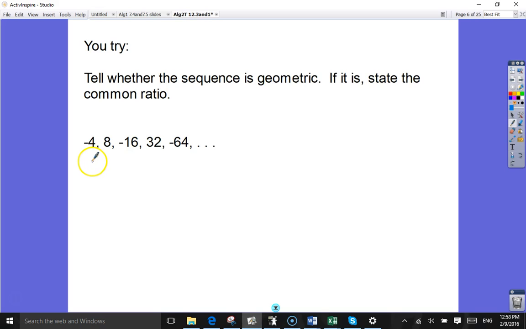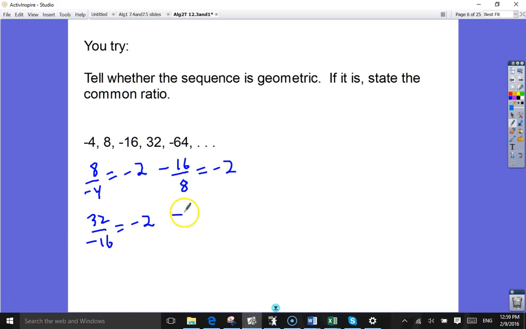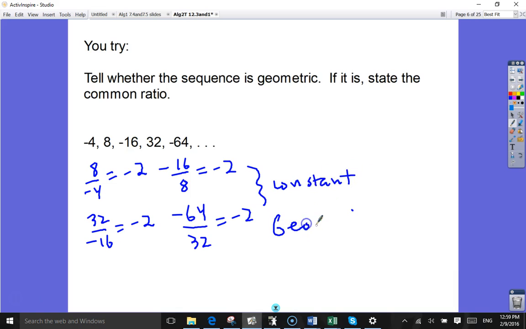It looks like 8 over negative 4 is negative 2. Negative 16 over 8, negative 2, right? I can go all the way down the line. 32 over negative 16, negative 2. Negative 64 over 32, negative 2. So they're constant. So it's geometric. And what does that make the value of r? r equals negative 2.